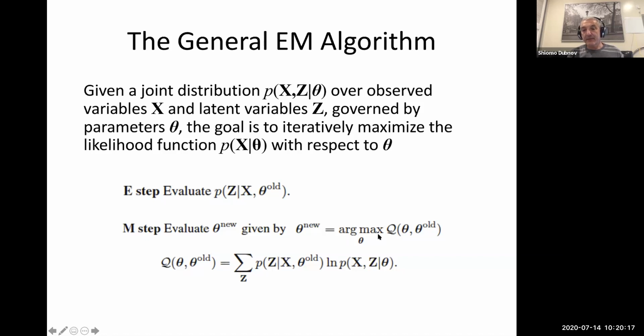So in this step we update the parameters. This is an iterative procedure that moves between posterior estimates over the latent variable c, which allows us then to calculate a different function and update the parameters.